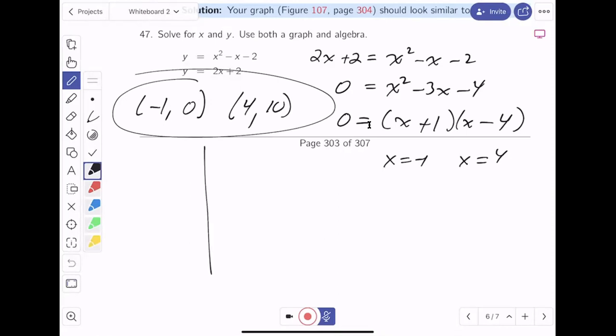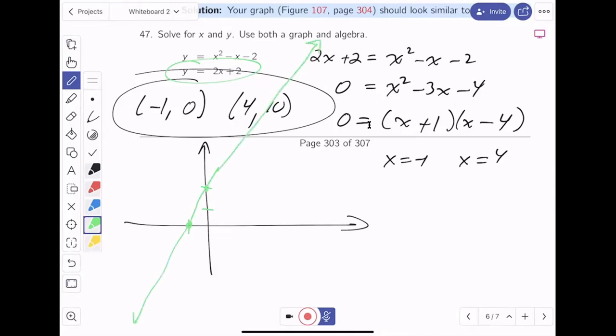Let me graph it out, because I did say algebra and graphing it. And I'm going to do the line first. This is the line I want to do. And that's going to have an x-intercept at -1 and a y-intercept of 2. Let's do the parabola. And a little more complicated, isn't it, parabolas? I know it's got a vertex somewhere.